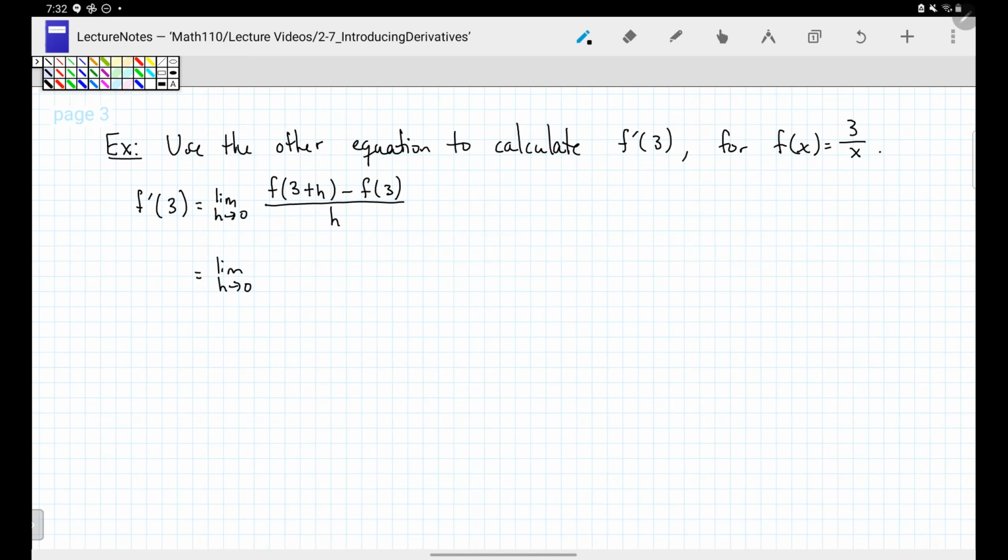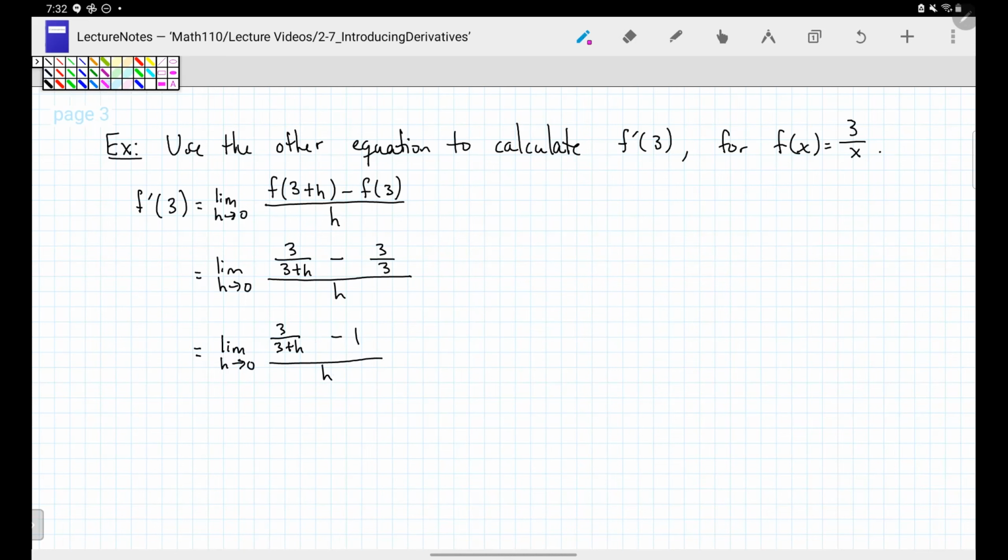So this is the limit as h goes to 0 of f of 3 plus h. f of x is 3 divided by x, so that's going to be 3 divided by 3 plus h minus f of 3, which again is 1. It's 3 divided by 3. All divided by h. So the limit as h goes to 0 of 3 divided by 3 plus h minus 1, all over h.